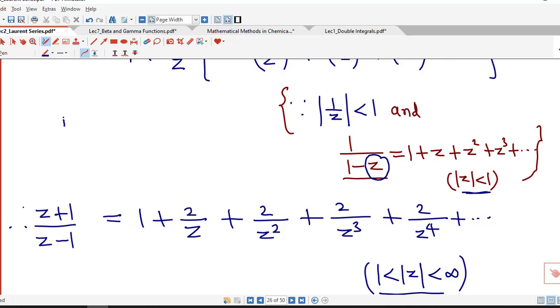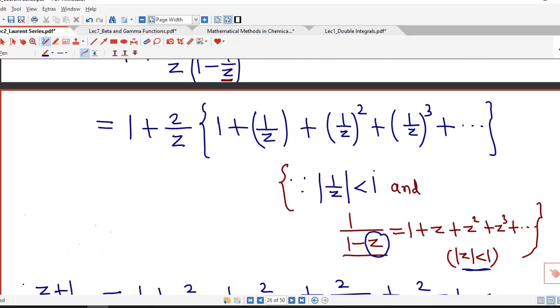Whatever quantity we have in place of z, the absolute value of that quantity must be less than 1 to use this Maclaurin series of 1 over 1 minus z. So in each example of Laurent series, whenever we are using this 1 over 1 minus z, we have to make sure that whatever we have in place of z, the absolute value of that quantity must be less than 1, so that we can use this Maclaurin series expansion of 1 over 1 minus z.